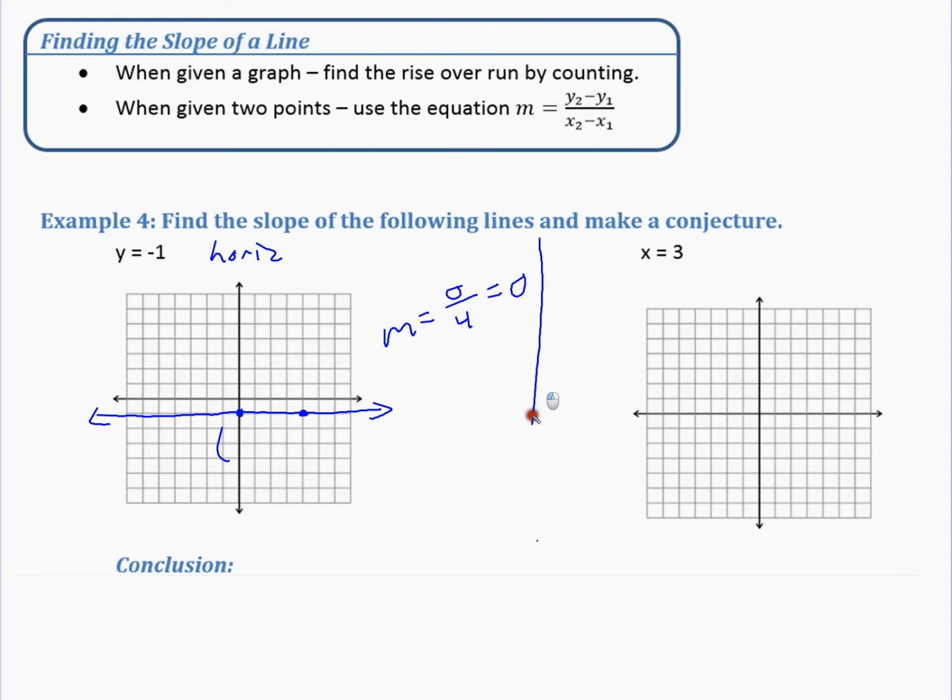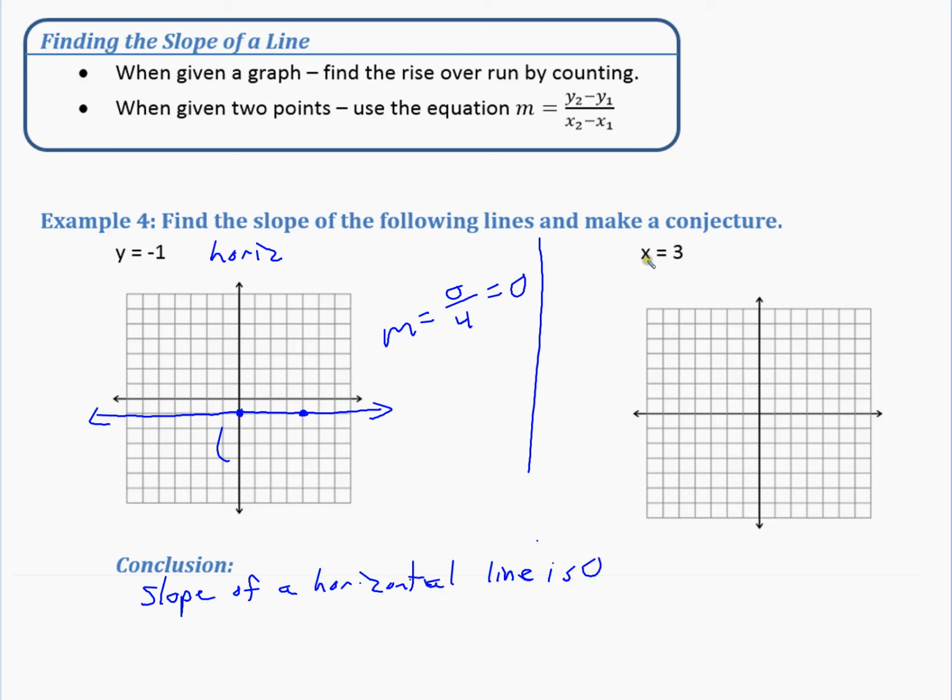So the slope of a horizontal line, that's part of our conclusion, is 0.